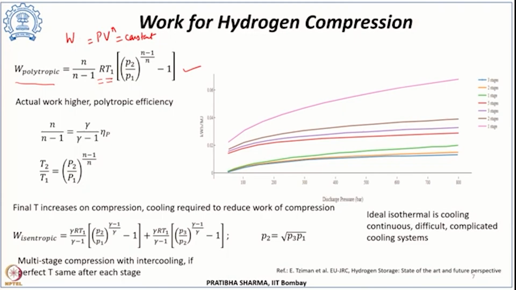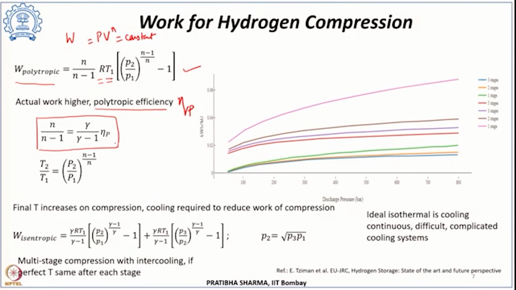This is considering an ideal process, however, the actual work of compression will be higher, and that can be accounted for by considering a polytropic efficiency eta P, and this polytropic efficiency is related to both the polytropic index and the specific heat ratio: n upon n minus 1 is equal to gamma upon gamma minus 1 times eta P, where gamma is the specific heat ratio and eta P is the polytropic efficiency.